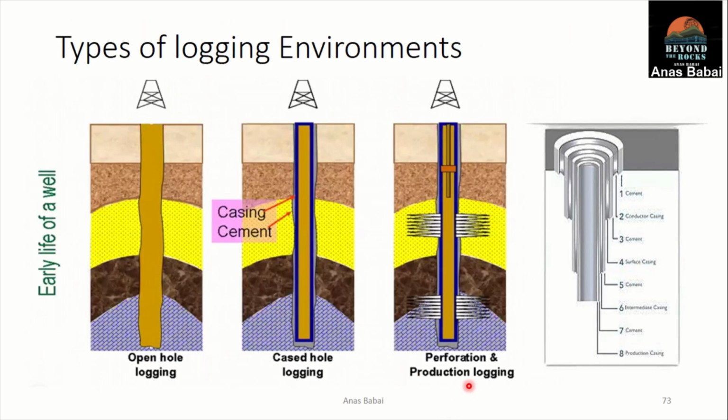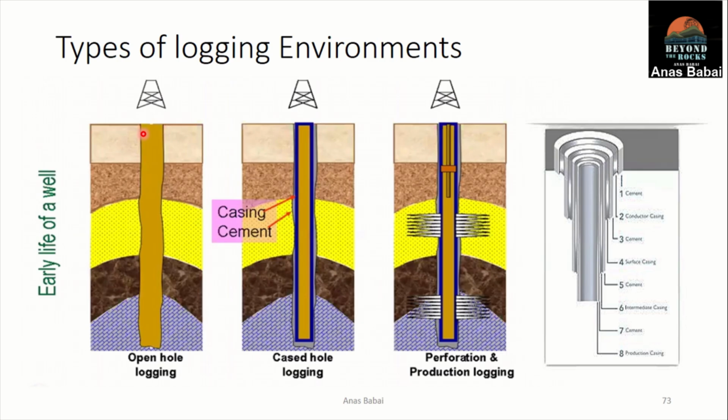Now we have different types of logging environment. It can be open hole logging, in which we don't have any casing in the borehole, and that is done in a stable formation, a very stable formation which doesn't require any casing to support the wellbore.